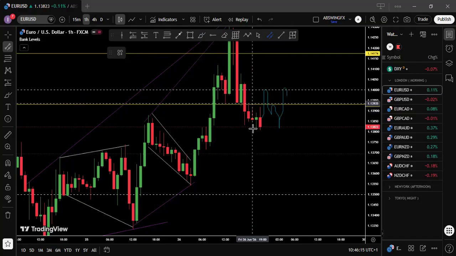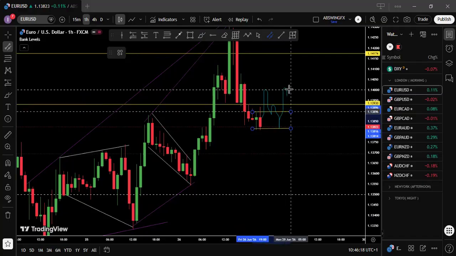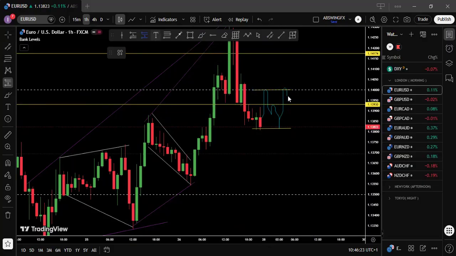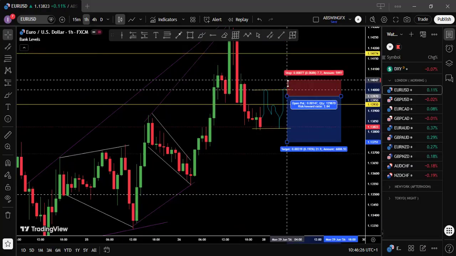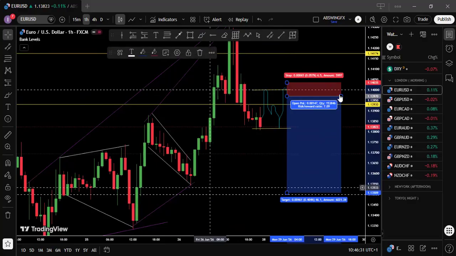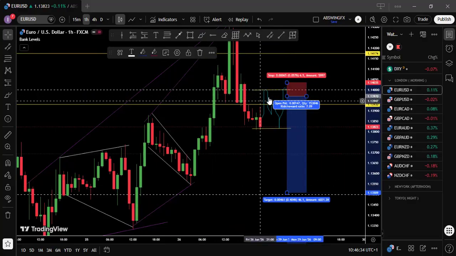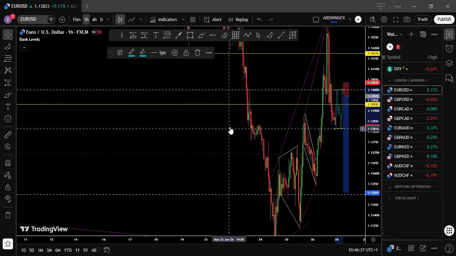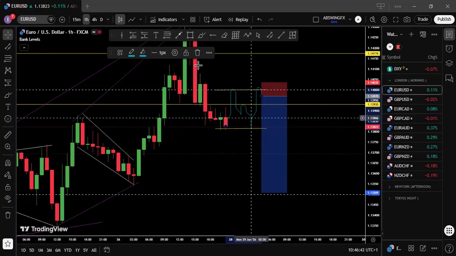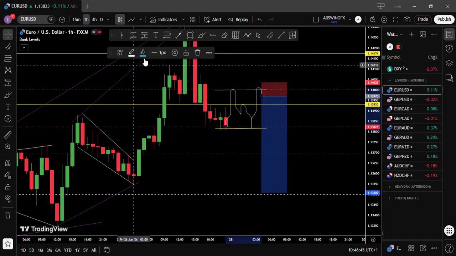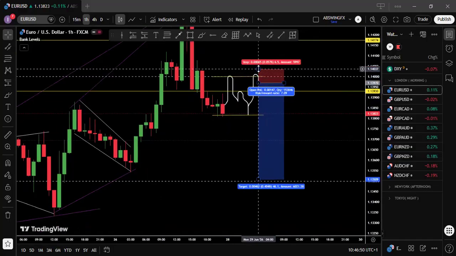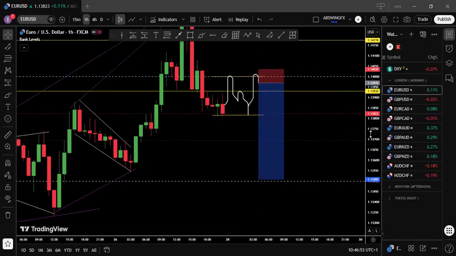With that, we now have the reason to sell, and target with this, which is the mid. So that's it. That's my expectation for this week, at least.